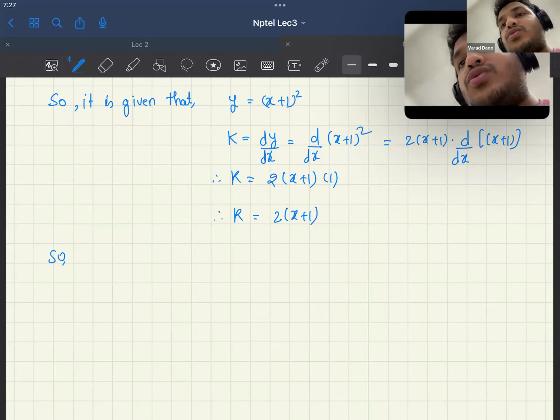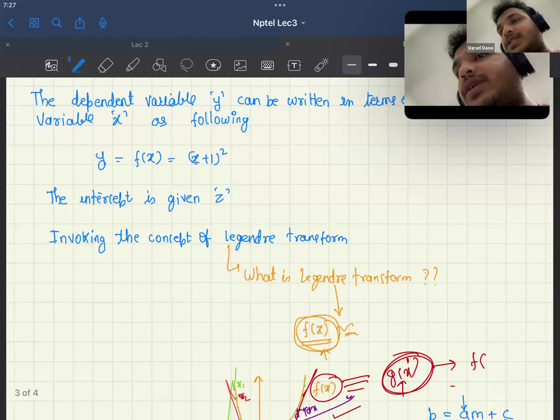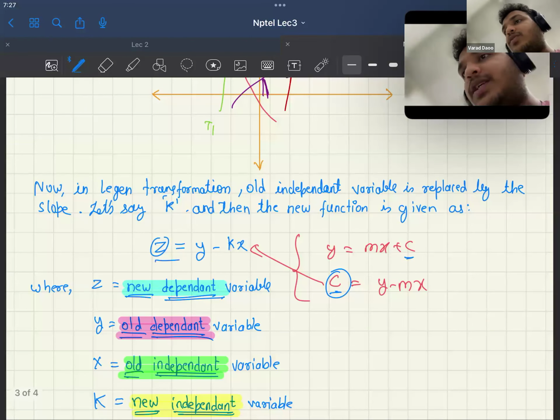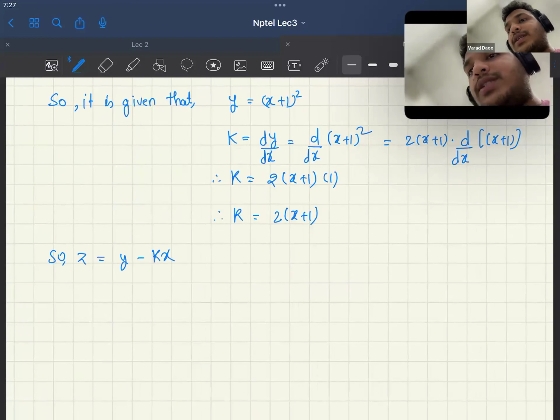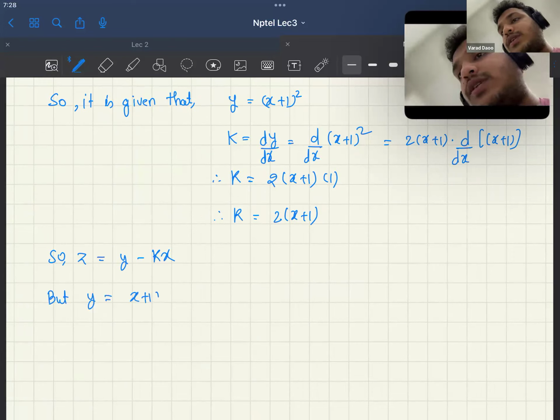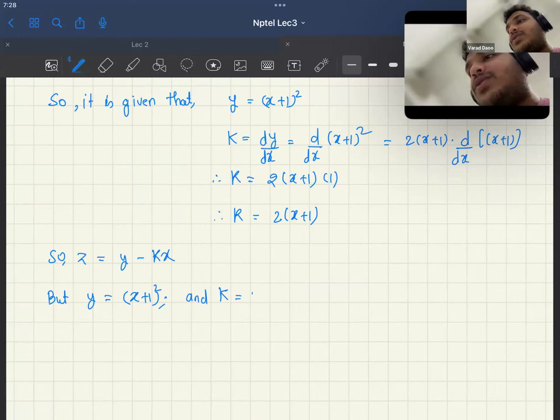So what is z? Earlier we knew z equals y minus kx. But y is equal to (x plus 1) square, k is equal to 2 times (x plus 1), and x is x only.